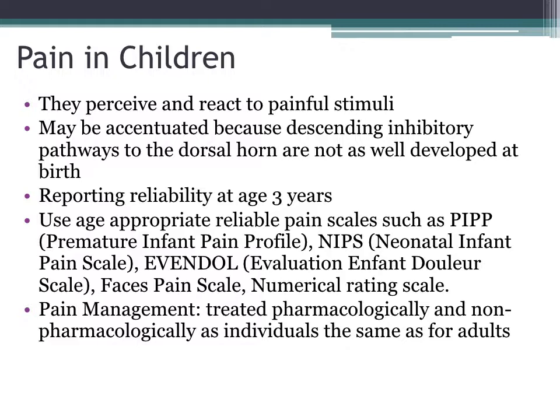Also, some people get very worried about giving children opioids because of the respiratory depression associated with them. And when someone is in pain, they're in pain and they need to be treated with the appropriate pain medication. I've been in the NICU sometimes where somebody said, "Oh, I don't want to give them morphine because they're not on a ventilator."